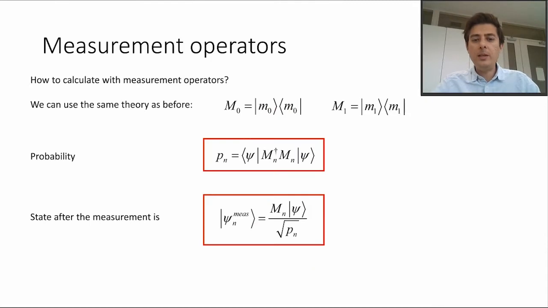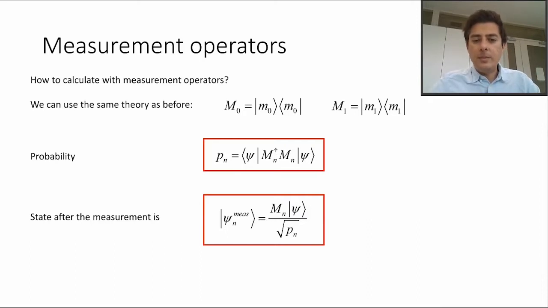Method number two is the more mathematical way of doing it, which is using measurement operators. What I want to show you here is that you can get exactly the same results just by using the measurement operators.